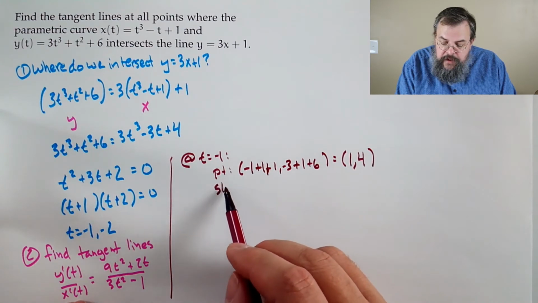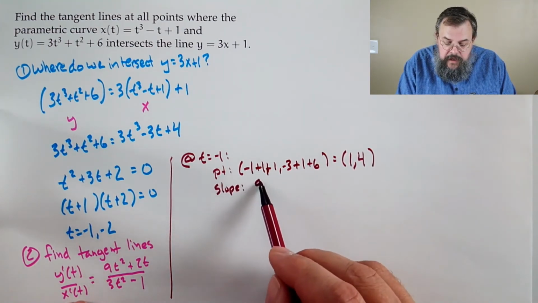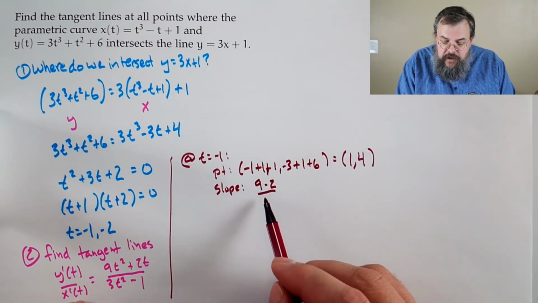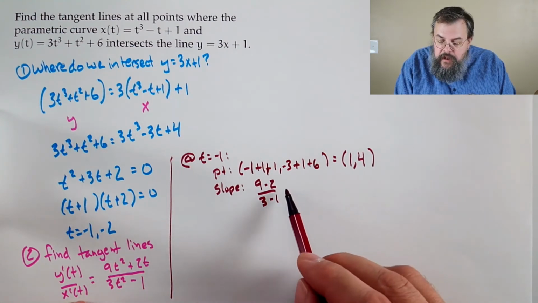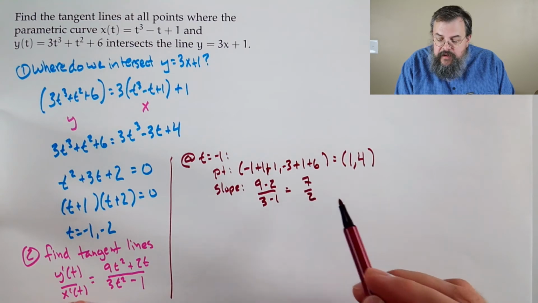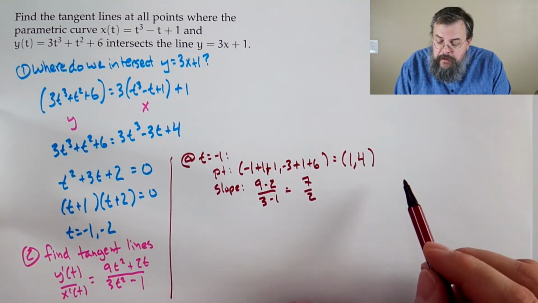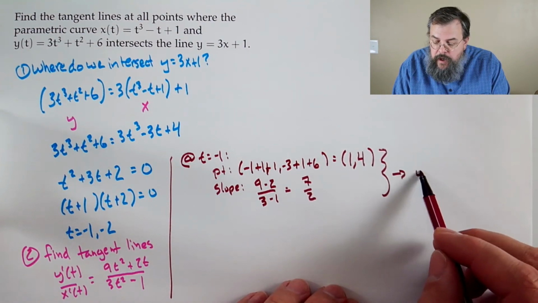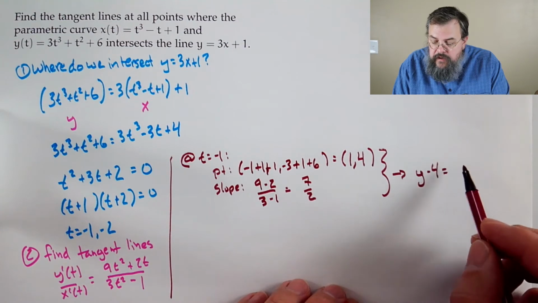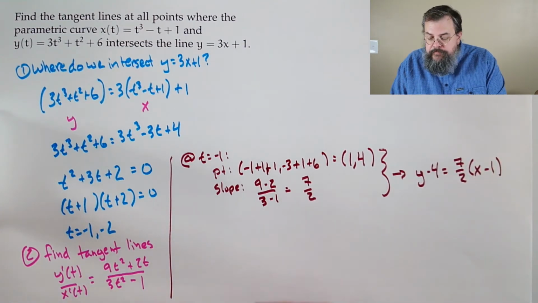Okay, our slope. We'll have 9 minus 2 over 3 minus 1. 9 minus 2, 3 minus 1, which is 7/2. Now we have a point and a slope, so we can say y minus 4 is equal to 7/2 times x minus 1.